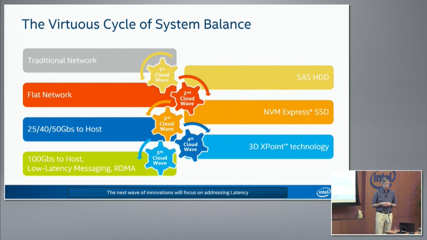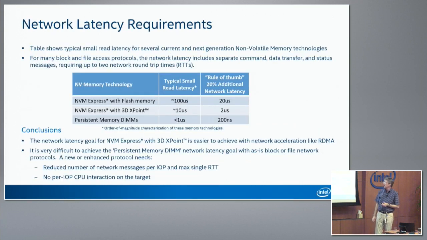And I think this really is driving a lot of these innovation waves that you see here, as they ratchet down and tighten up those requirements for transactional latency. You've seen these moves from traditional networks to flat networks to higher speed networks. A lot of that really is driven by latency. And so this slide goes into a little more detail on that.